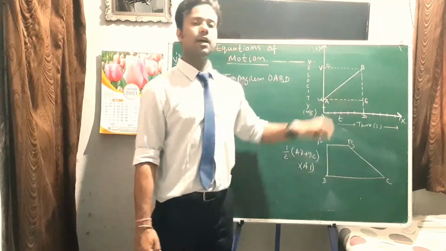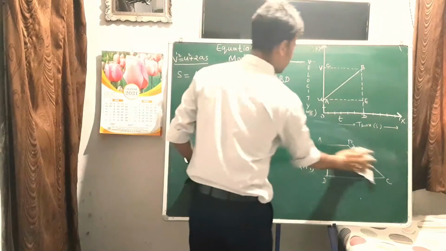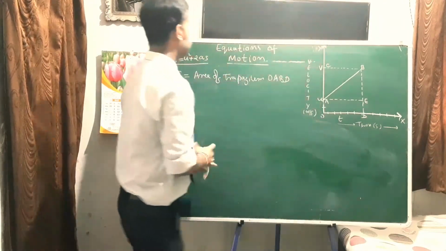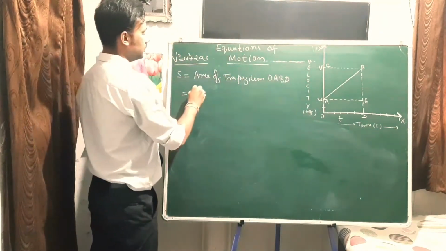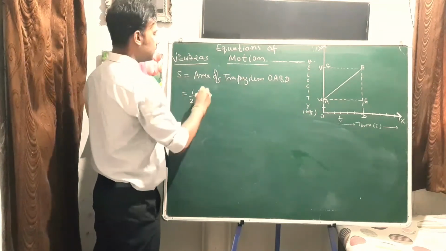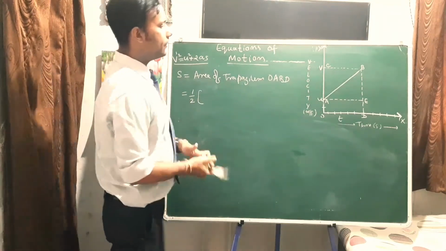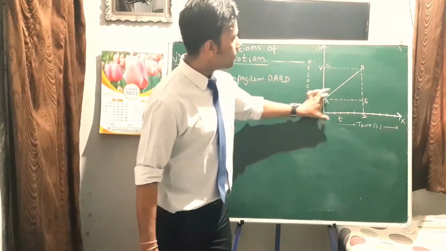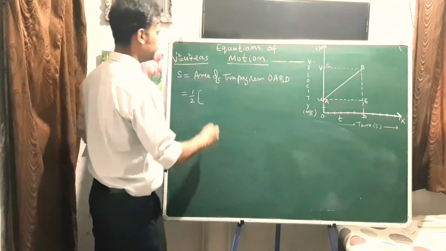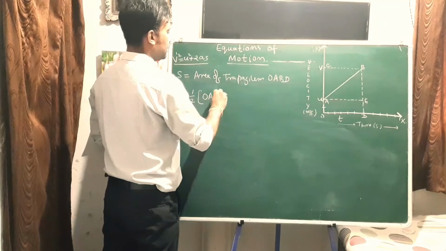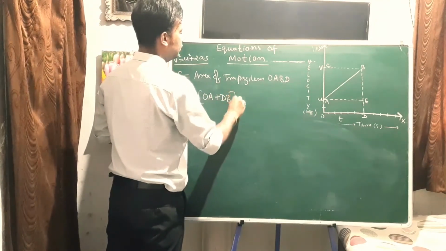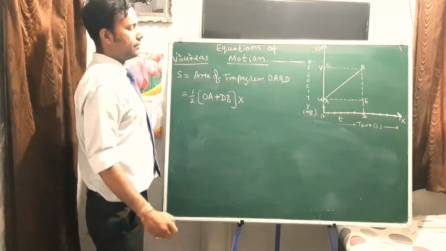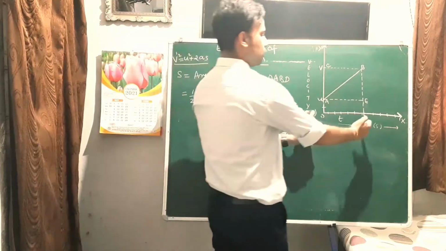So you can see here, a similar concept applies. We can directly apply the formula of the trapezium. So that will be half the sum of the parallel sides. The sum of the parallel sides will be OA plus DB, into the height of the trapezium, that will be nothing but OD.